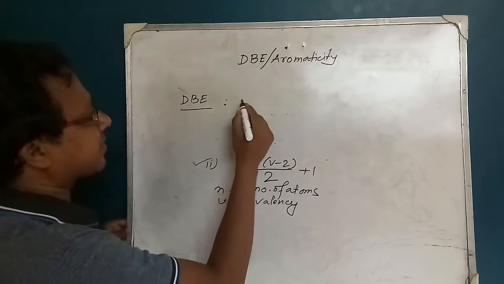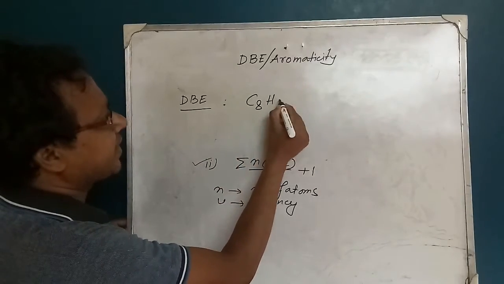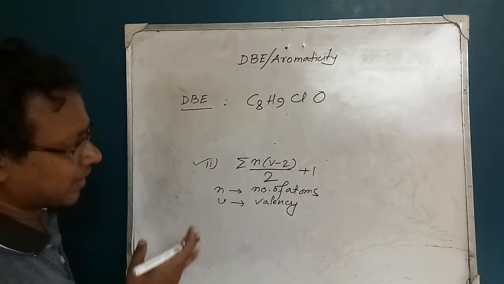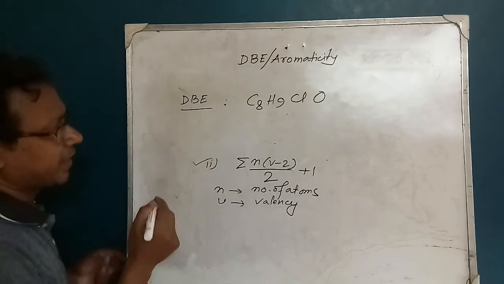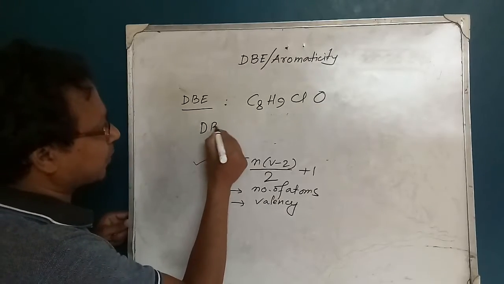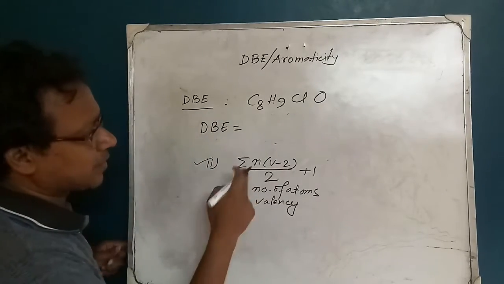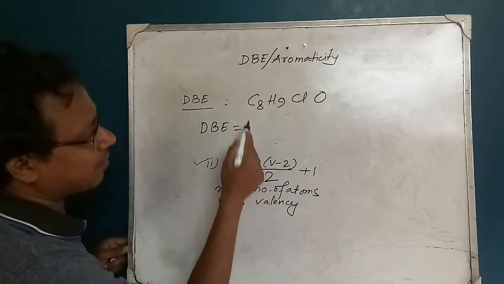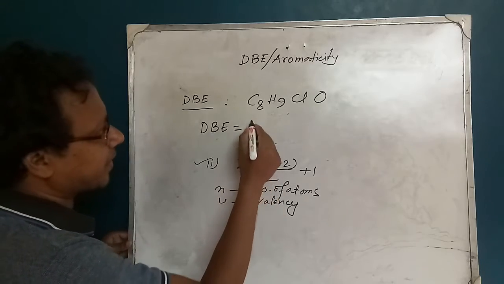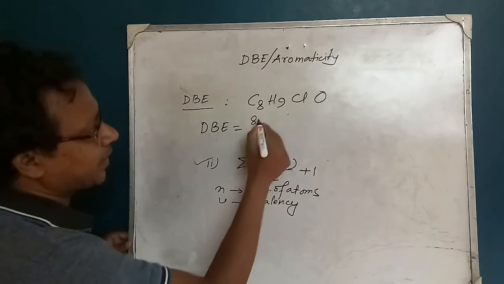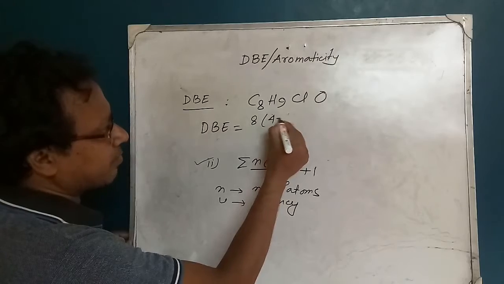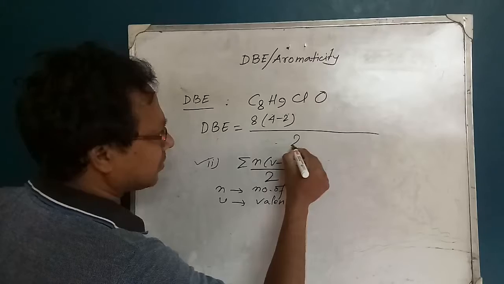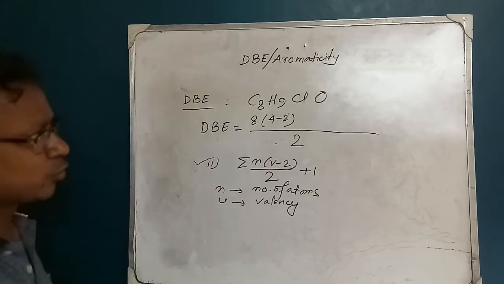Suppose I am taking the example C8H9ClO. According to the second equation, DBE equals summation of n(v minus 2) by 2, plus 1, where n is the number of atoms. For carbon, there are 8 atoms, its valency is 4, then minus 2, divided by 2.